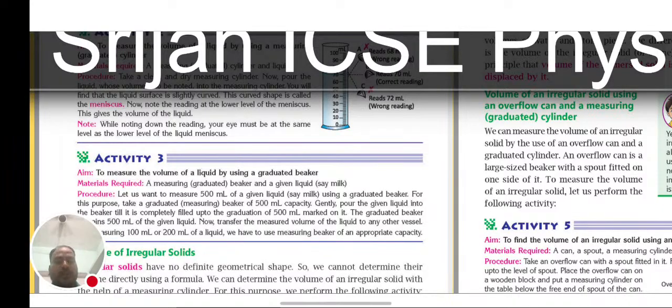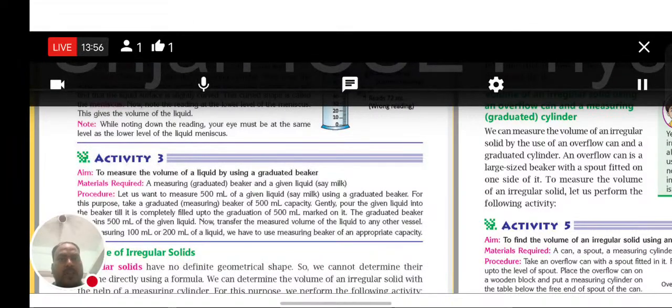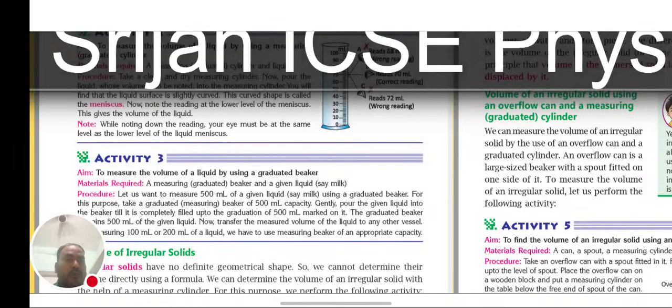So 1 cubic meter equals how many centimeter cube? For that we have to do the multiplication 3 times of meter.